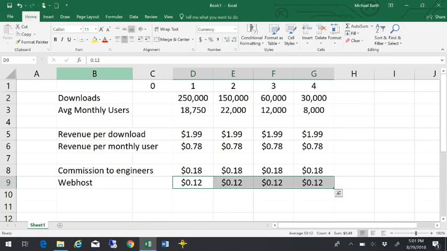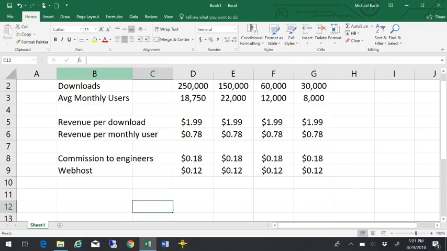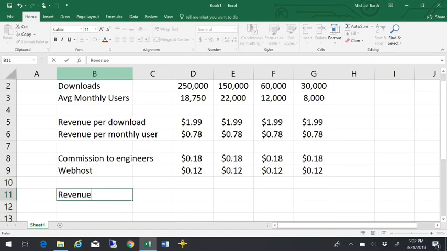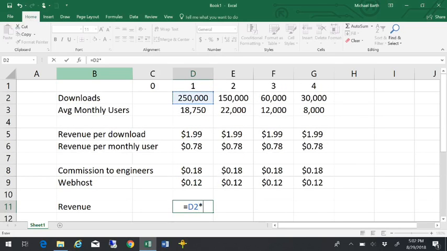Okay, so given all this information on the table, I can start computing what my estimated revenue is. So the revenue would be every time somebody downloads it, that's $1.99 plus $0.78 per monthly user.